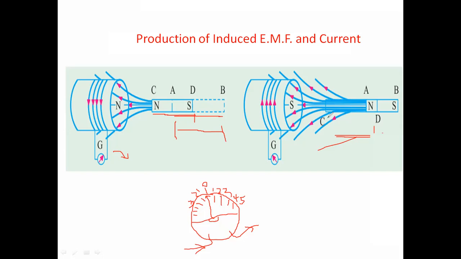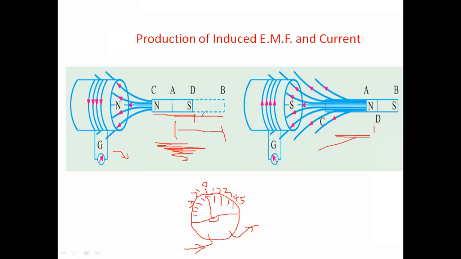It means the magnet should have a movement, front and back. Only then will the EMF be generated in the coil, and due to that we have the current in the meter. Either the coil or the magnet should be changing.